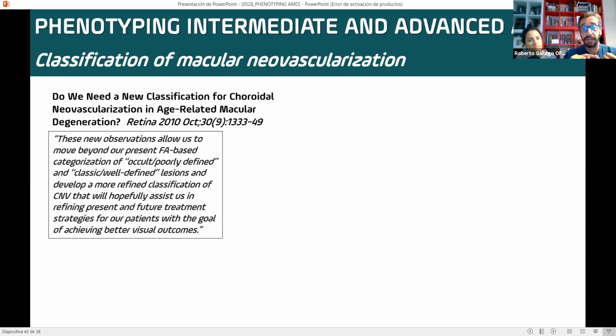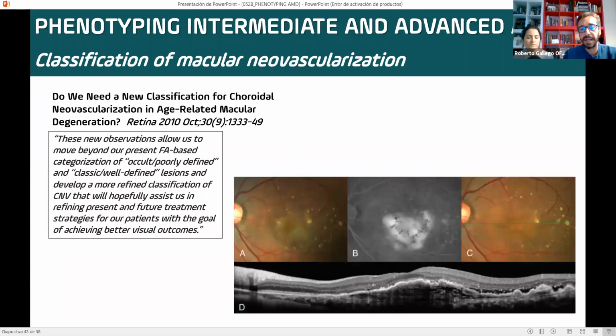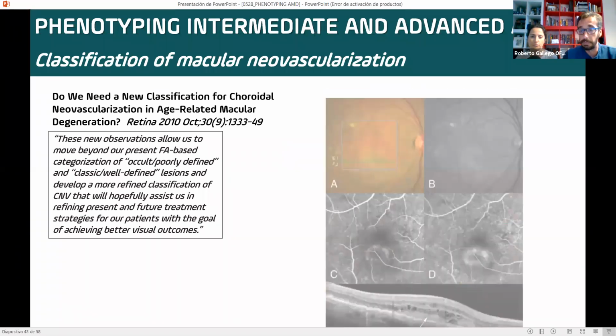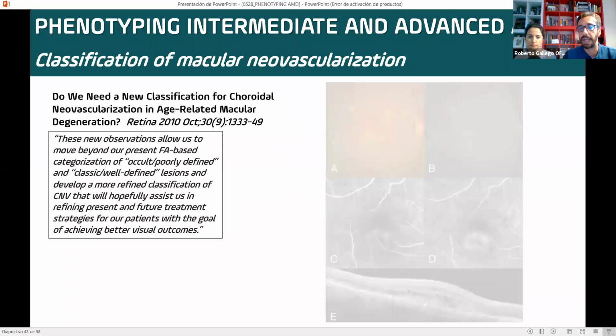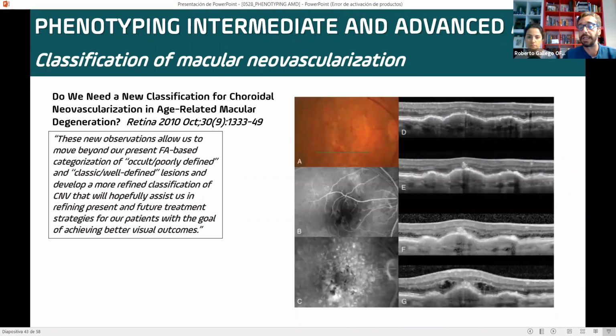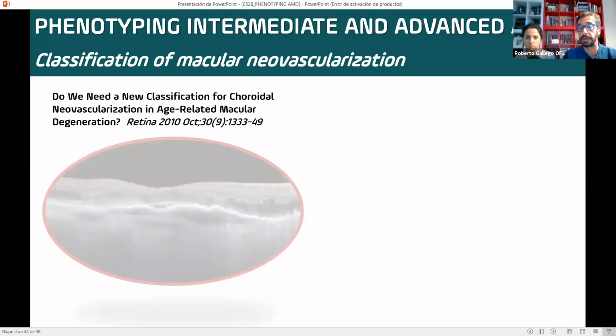First, because we cannot perform FA in every case of AMD, given the burden of so many patients coming to us, and because we were doing OCT scans in every single eye of every patient coming to our clinic. So it made a lot of sense to take a multimodal imaging approach, but mainly structural OCT, to classify different neovascular lesions according to the structural OCT appearance.